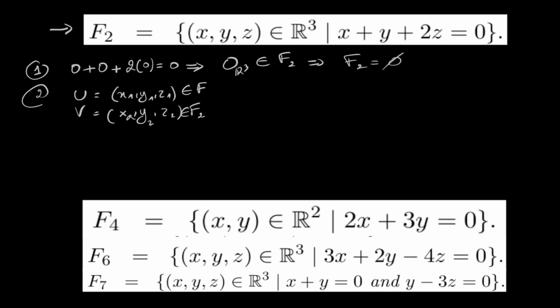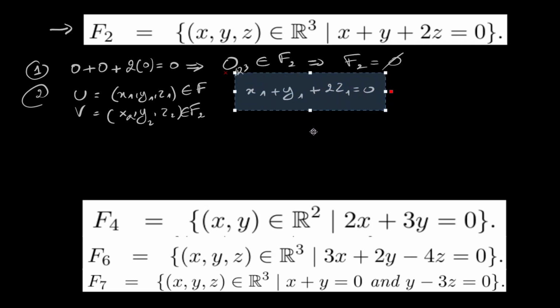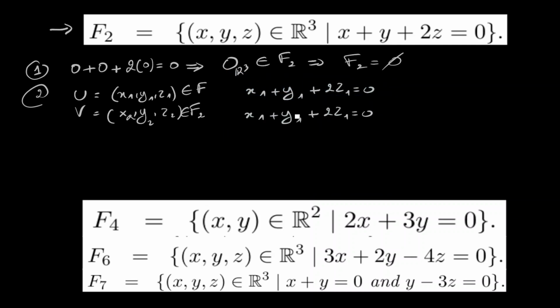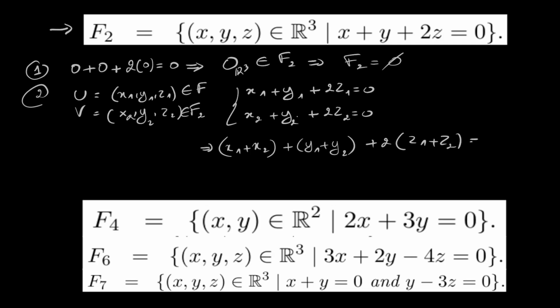If we add their equations, x1 plus y1 plus 2z1, and the same equation with the second vector, if we sum this, we get x1 plus x2 plus y1 plus y2 plus 2z1 plus z2.